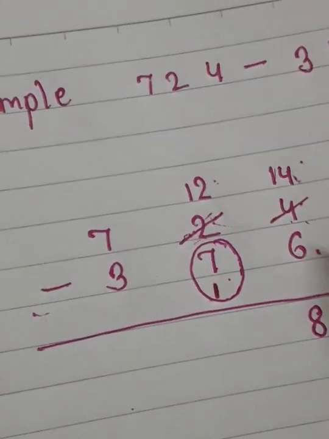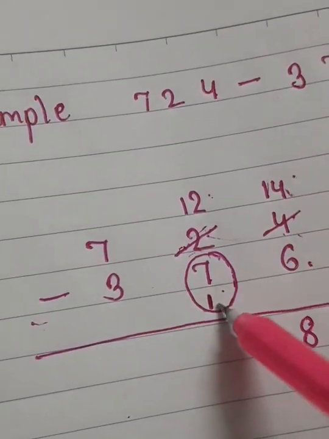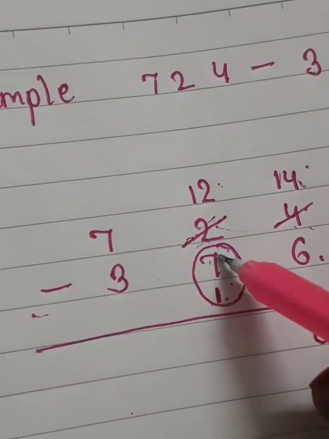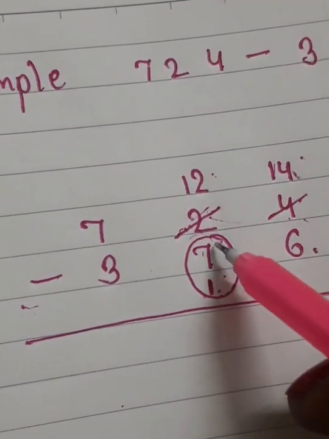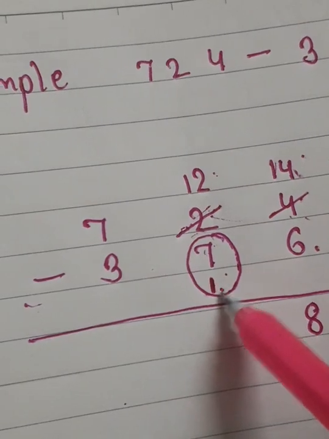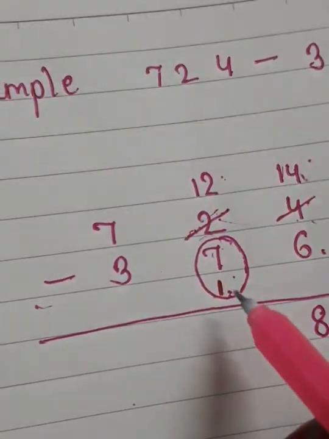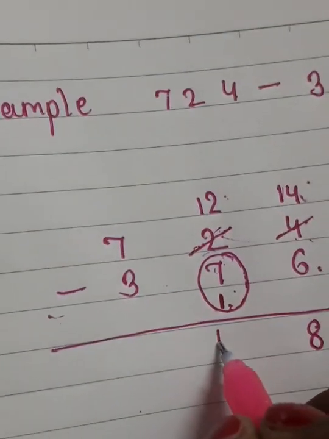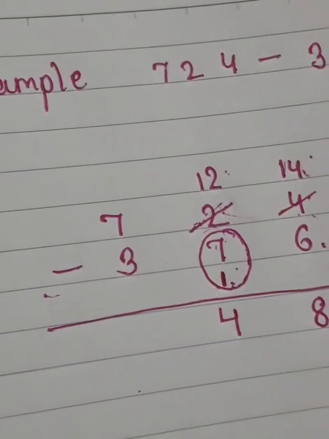If you are assuming here, you have to add 1 here. So this becomes 7 plus 1, which means 8. 12 minus 8, you will get 4.